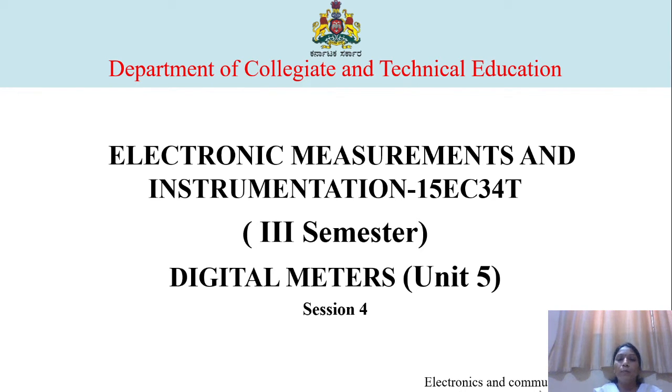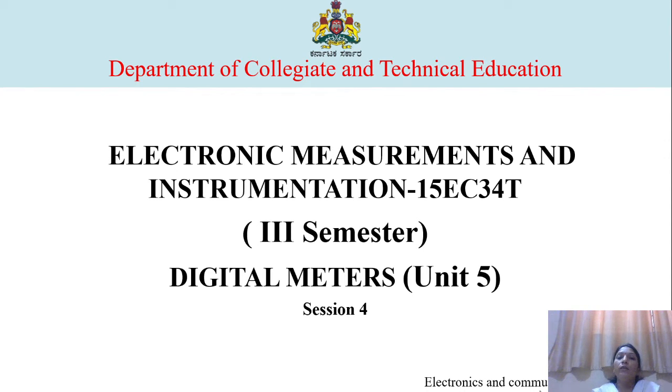As a part of LMS, today let us study about digital meters, Unit 5, Session 4, in the subject Electronic Measurements and Instrumentation. The subject code is 15EC 34P. In the previous session, we discussed digital meters.